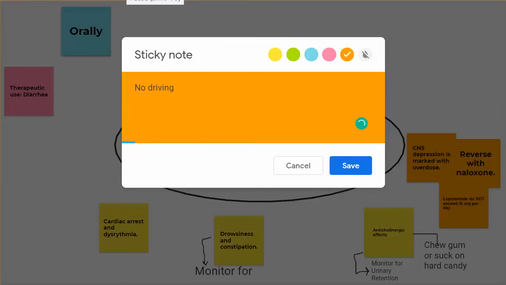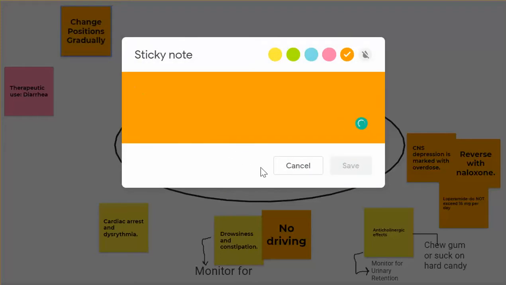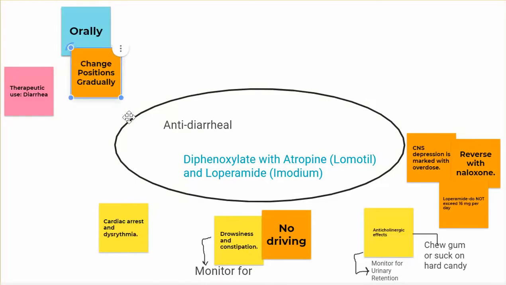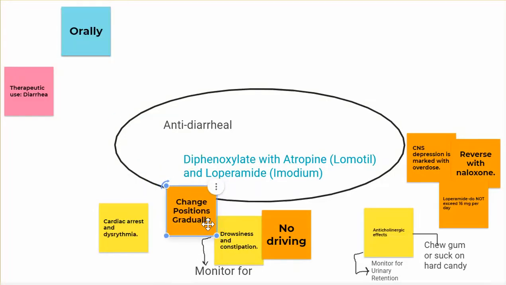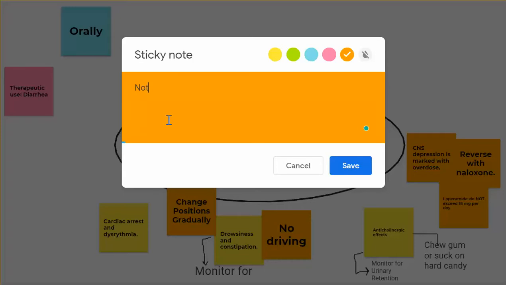So also no driving. And change positions gradually, right? So I'm going to put these down next to the drowsiness and constipation areas, okay? This is not for young children, not for children under 2 years of age.